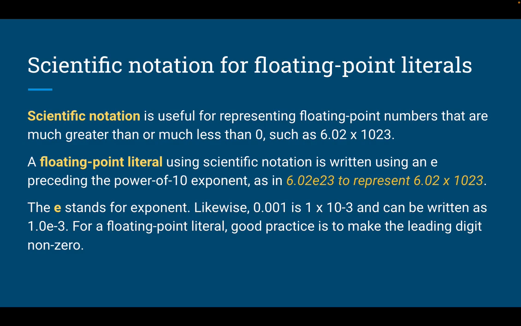In my whole career, I've probably written them out as an exponent maybe once or twice. It's not used a lot, but it depends on the job that you're in. If you're in a job where you're crunching huge numbers, then yeah, you might end up using an exponent when you're talking about floating point numbers.